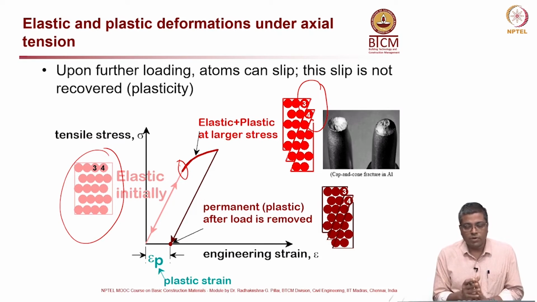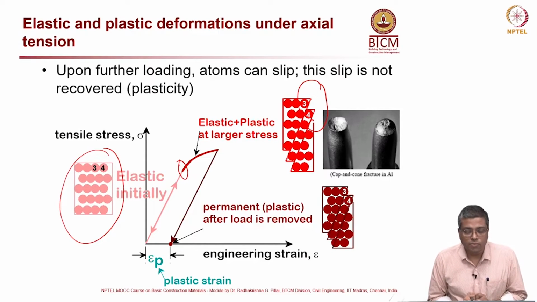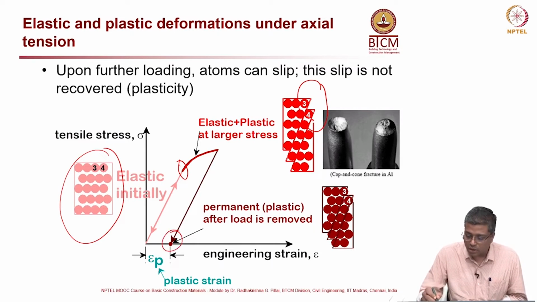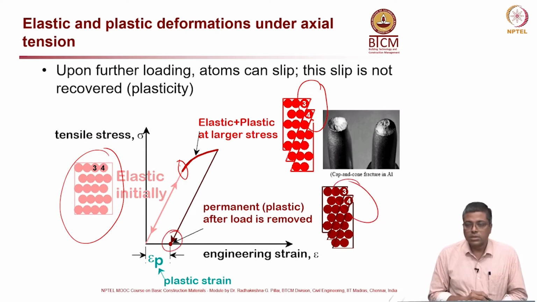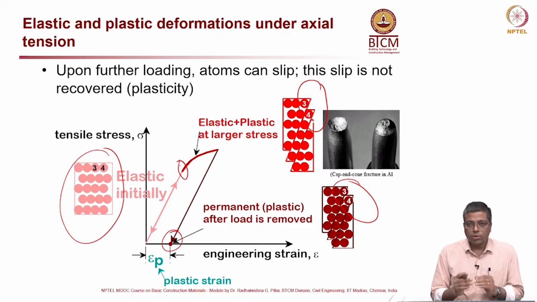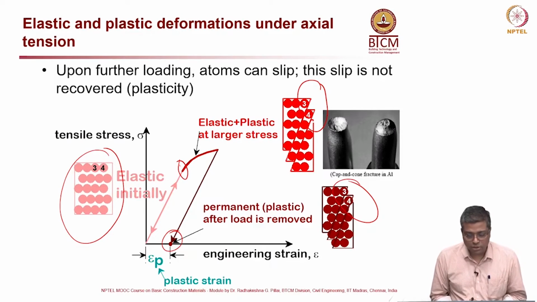In the previous slide, we were talking about stretching of the atomic bond. Here, what is happening is slipping of the atoms from one layer to the other. When it slips, it does not go back to its original position. Even after the load is removed, you can see that 4 is not going back to the first layer. So, slip is permanent, but stretching is not permanent.